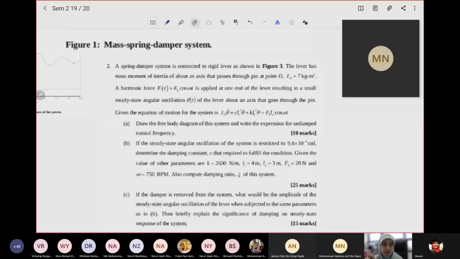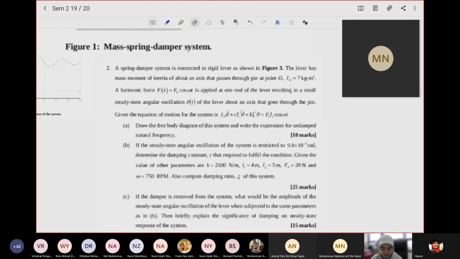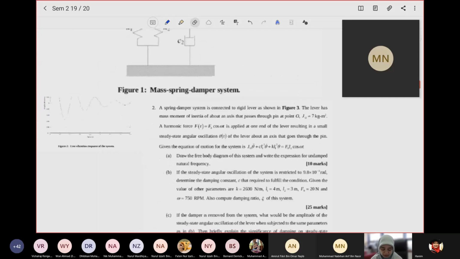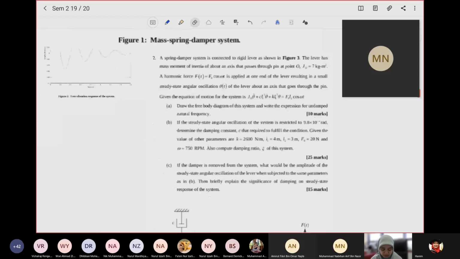J naught is the moment of inertia about the axis of rotation O. If your J at the center of gravity, for example the mass of a bar, does not coincide with your pivot axis O, then you need to use the parallel axis theorem, which is J at the center of gravity plus M D squared. I gave you an example in the previous lecture as well, how you do that.